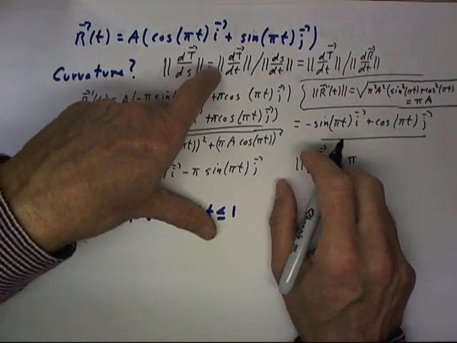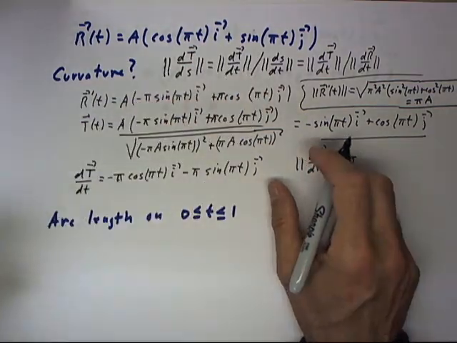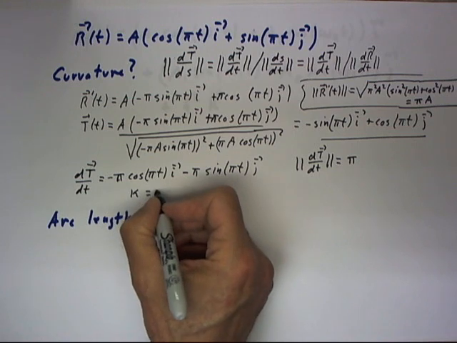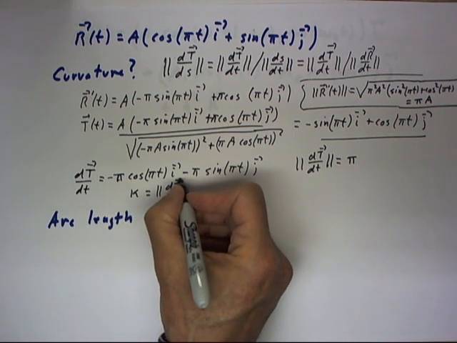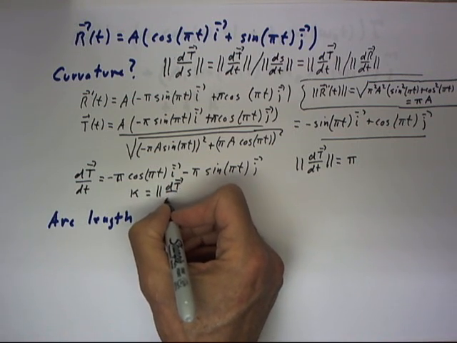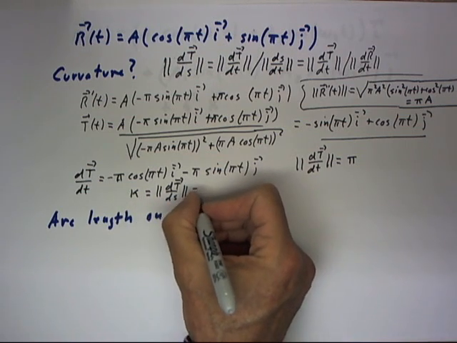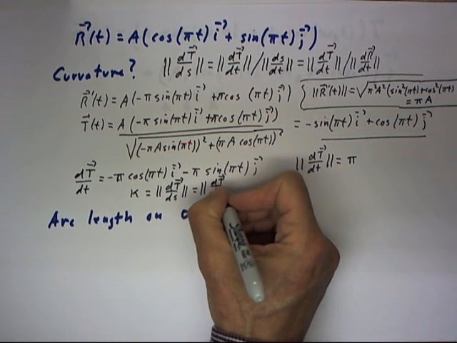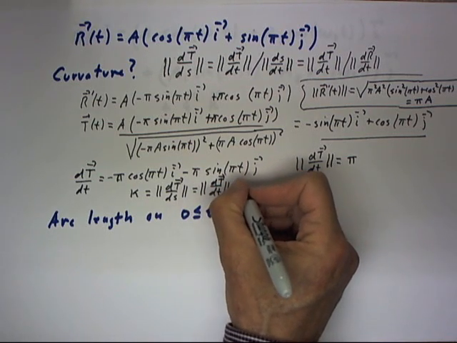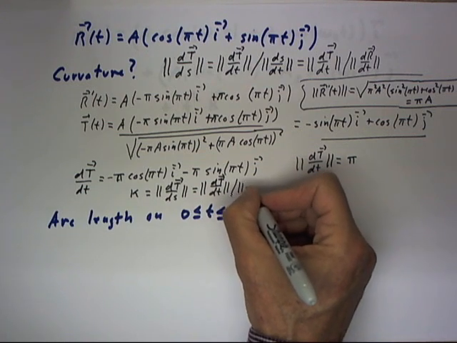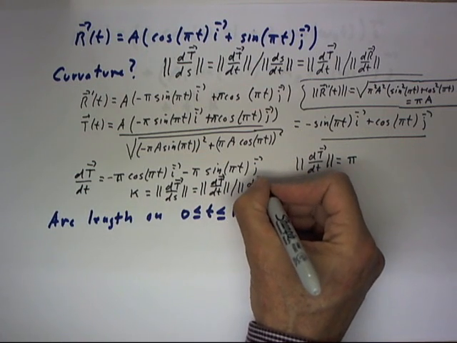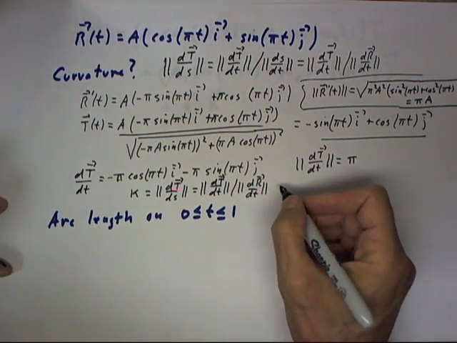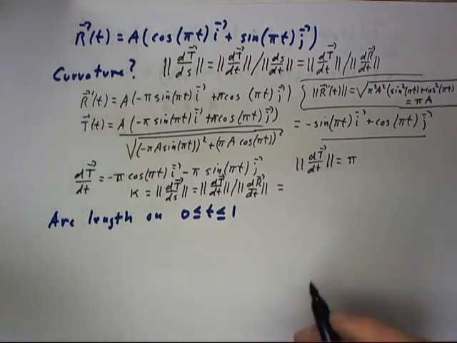So that when we finally calculate our curvature, we get curvature equals the magnitude of dT ds, which is the magnitude of dT with respect to the small t, divided by the magnitude of dr dt, and that's going to come out to a fairly simple expression.